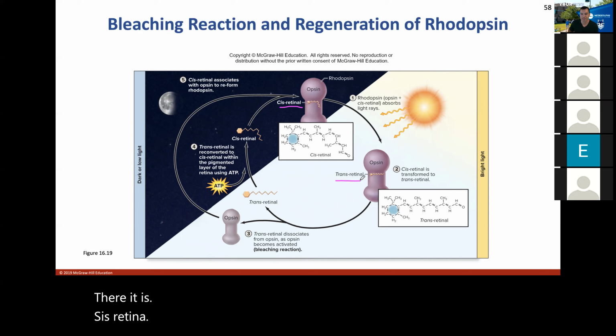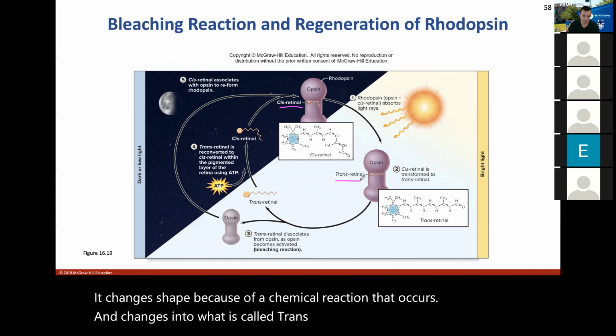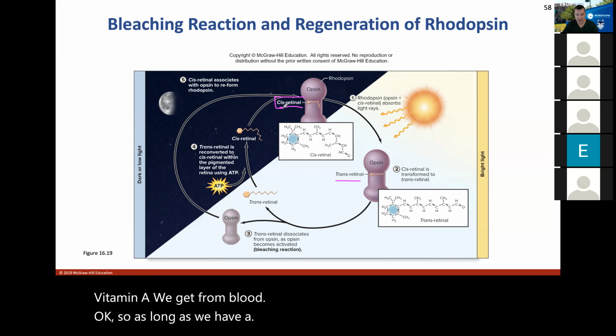And after light hits it, it changes shape because of a chemical reaction that occurs and changes into what is called transretinol. All right. Vitamin A we get from blood. Okay. So as long as we have a nice diet with a good amount of vitamin A, we can regenerate rhodopsin fairly easy.